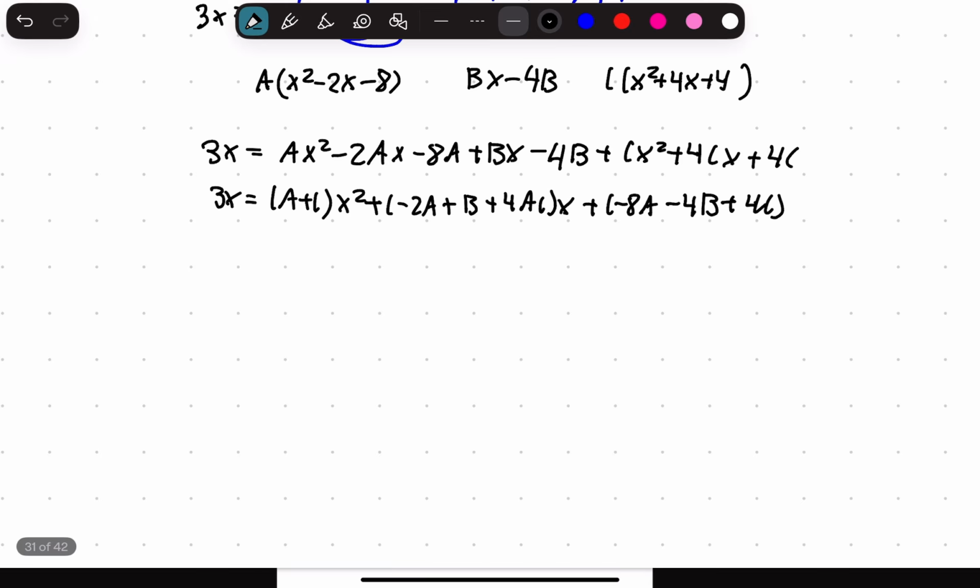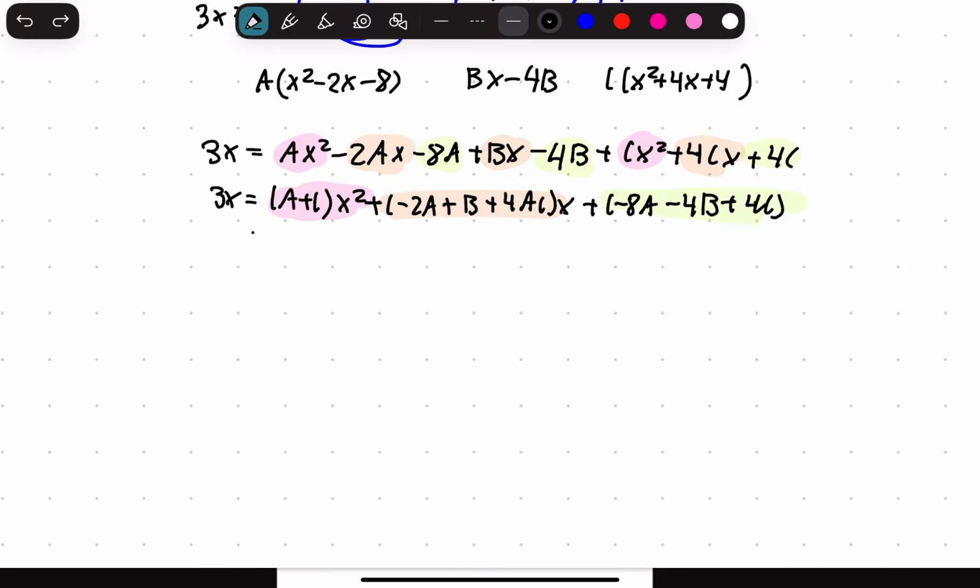Now, this is basically a shortcut of combining like factors. So anything you see that's multiplied by x, you just combine that. And if it's not multiplied by x, that's just alone.